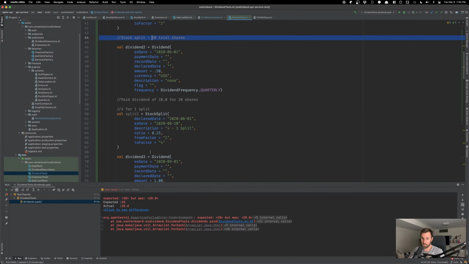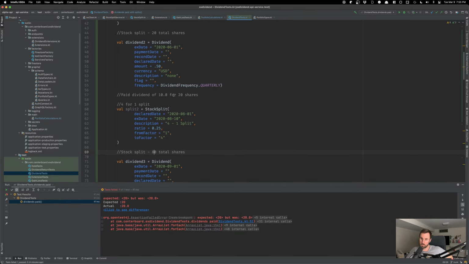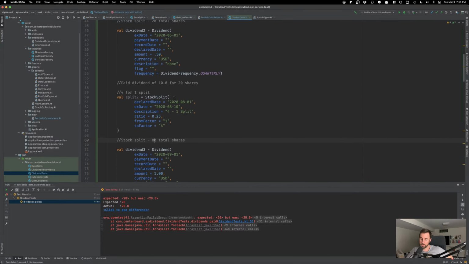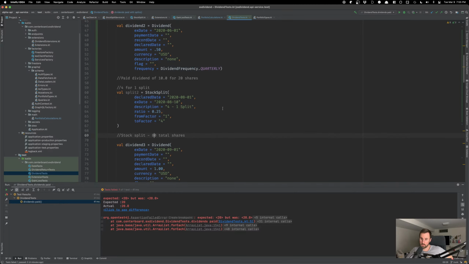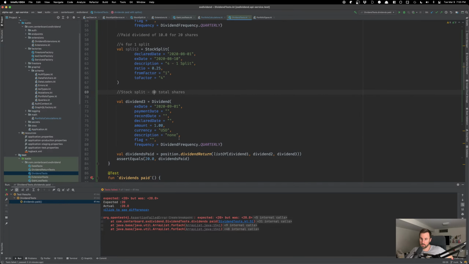We had 20 shares. Now we're going to have 80, right? Because we had 20, 4 to 1. 20 times 4 is 80. And then let's say this pays a quarter. Or no, let's say this only pays 10 cents.